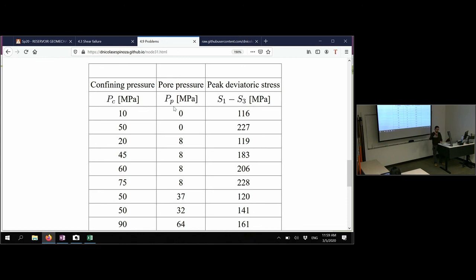If you have initial length and you have change of length, you need to calculate it. I might give you a table and you have to calculate that strain and then plot that strain as a function of stress and calculate the Young modulus. I'm going to give you those practice exams so you'll see a little bit more clearly what I expect from you, but it's everything we have done either in class or in the laboratory.